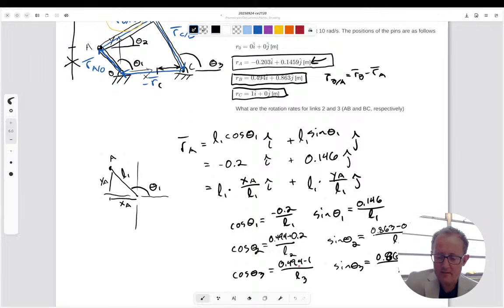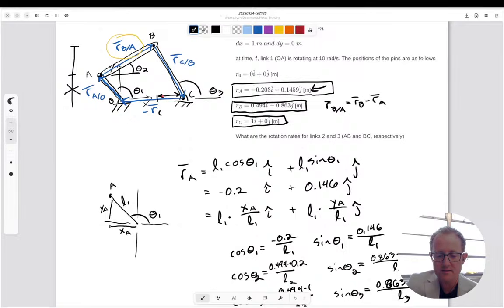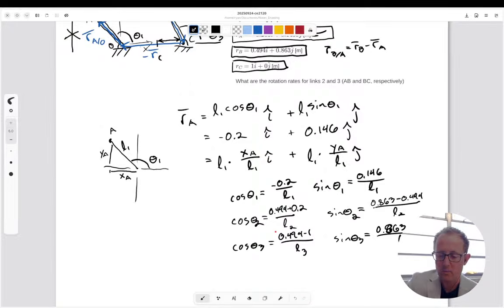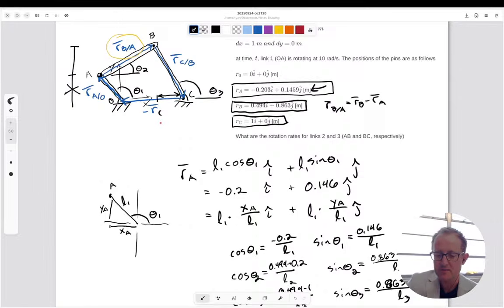And whether it's a positive or negative value for the cosine and sine, this cosine theta 3 should be negative because going from C to B, I have to travel in the negative x direction. So intuitively, I know at this point that that's the way it should be set up, that I should be starting with the B and then subtracting that 1.